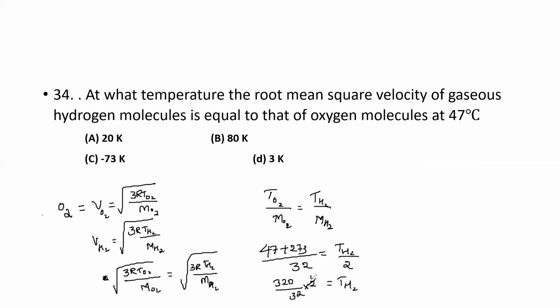If you cancel and simplify this, you get 20 Kelvin. That is option A, the right option.